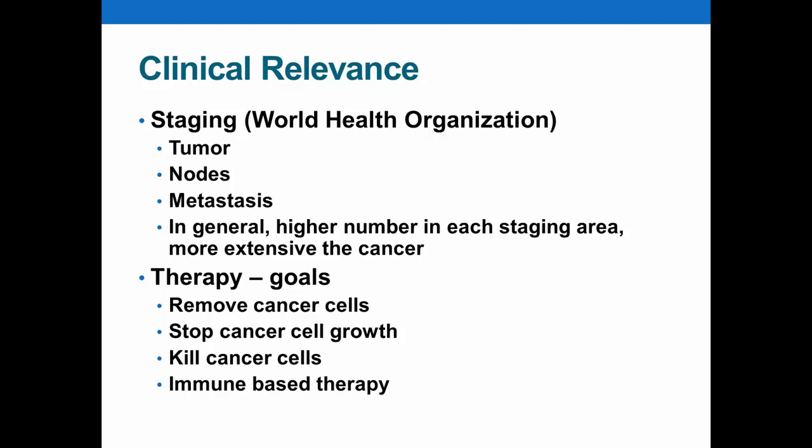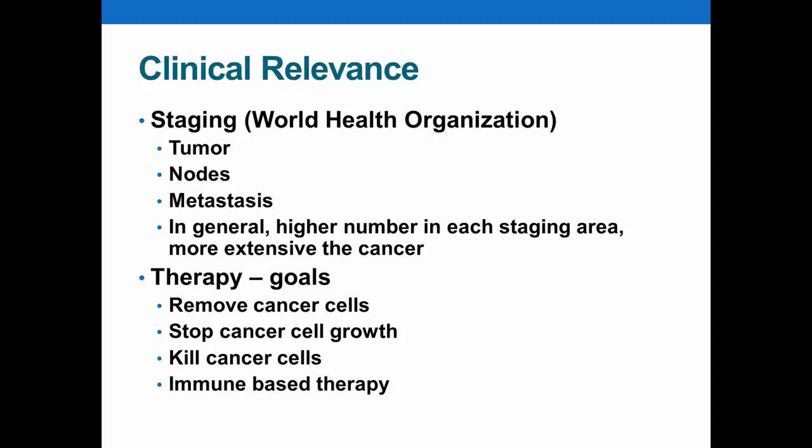How do we also use this information about cancer cells and about metastasis in our therapy goals? Well, when we look at therapy, we have some very specific goals. We may want to remove those cancer cells. That's what surgical therapy does. But not all cells can be surgically removed. Sometimes we can debulk a tumor, or we can remove the tumor in total.